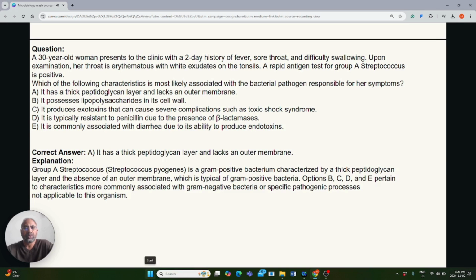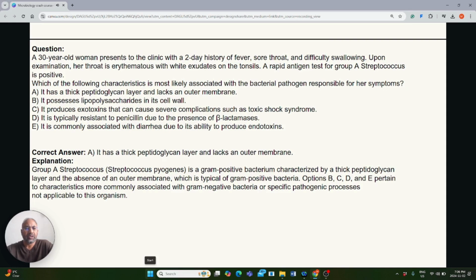As we know, a group A Streptococcus is a gram positive coccus, so we have to look for the characteristics of a gram positive organism. Here we have the choice which says it has a thick peptidoglycan layer and it lacks an outer membrane. So this is talking about a gram positive organism, and this is probably the right one.